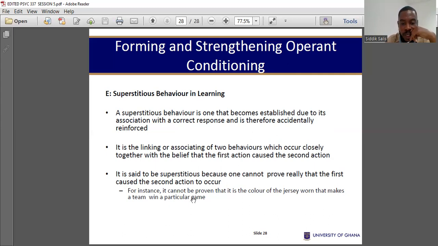For instance, it cannot be proven that it is the color of the jersey worn that makes a team win a particular game. So this is also superstition. How can you prove that using science? Remember, psychology is science. But if someone wears the same jersey, would the person be able to perform well?